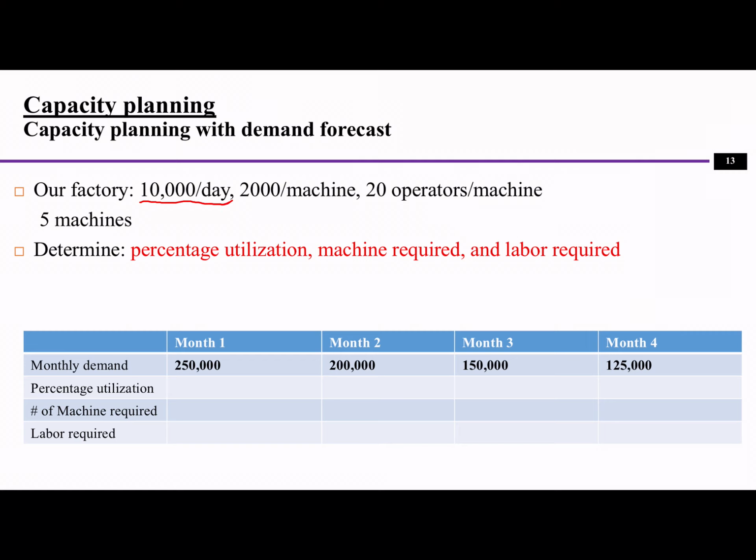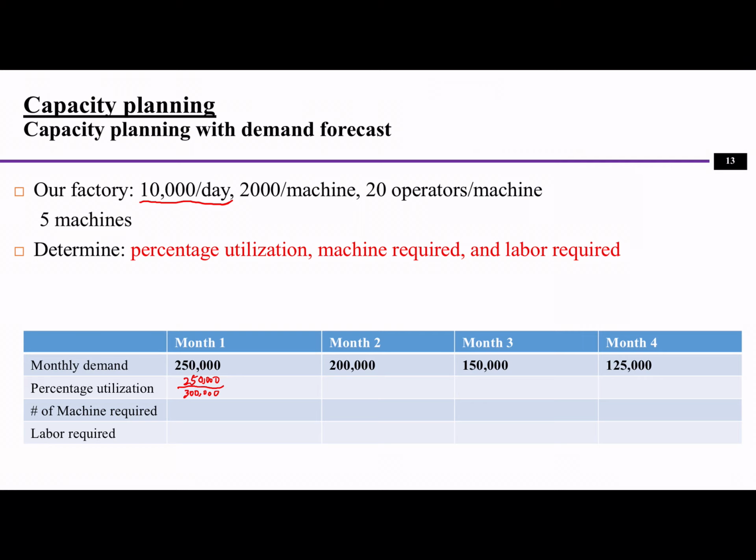Now we need to calculate our full capacity. The full capacity we can make is 10,000 units per day. For a month, we can actually make 300,000, assuming that all 30 days are working days. Okay.